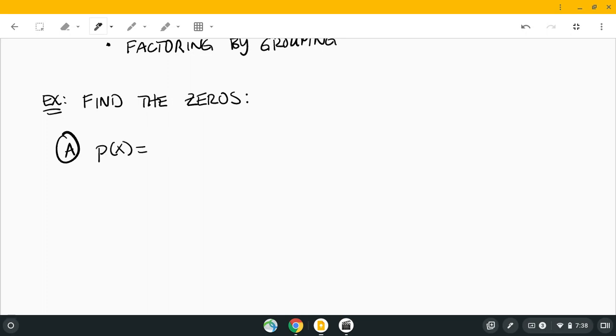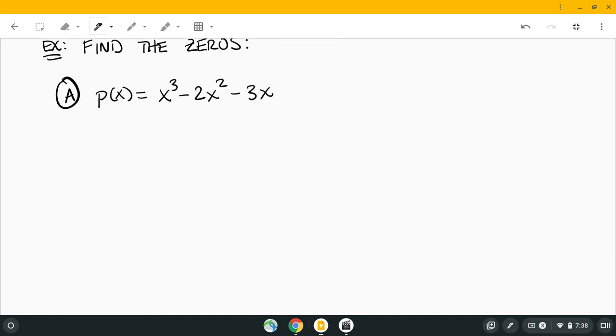P of x equals x cubed minus 2x squared minus 3x. Remember the f of x, p of x, g of x, h of x, that used to be our good friend y. So I'm going to put 0 there. And then now I'm going to go ahead and try to solve for x.